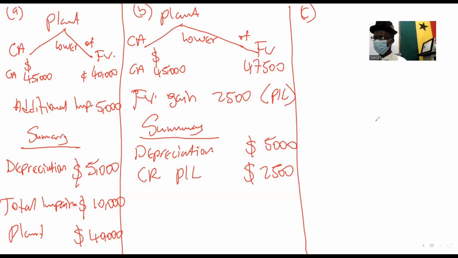Good. And then that is it. So here we have to reverse the previous loss. And here we will probably debit our reserves. So the reserves have to be debited. Good. The reserves have to be debited.